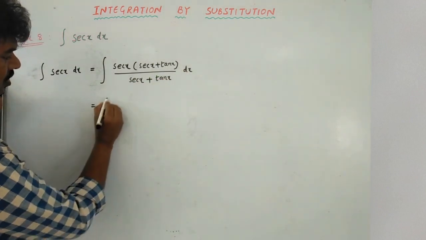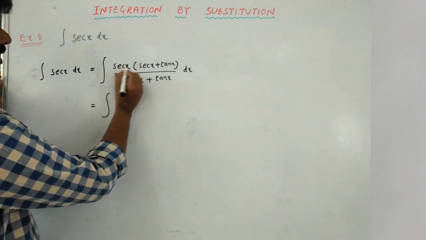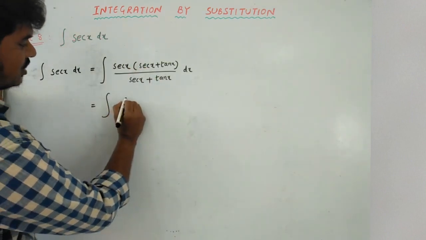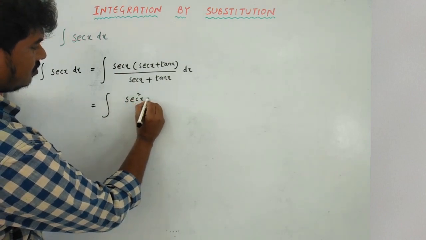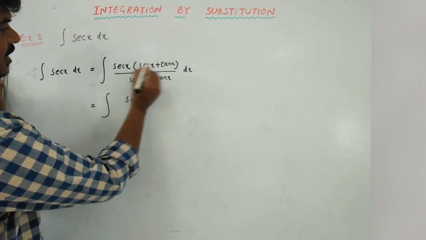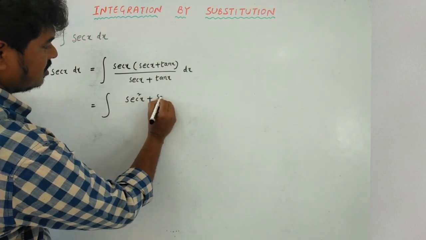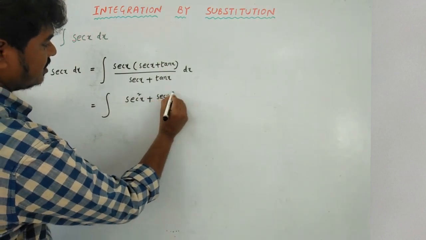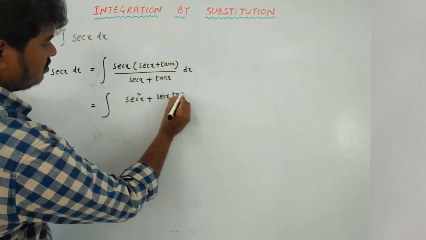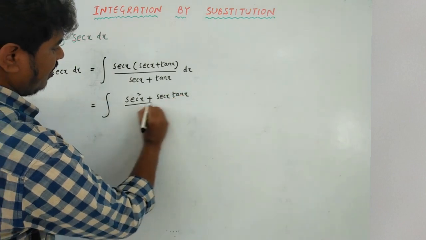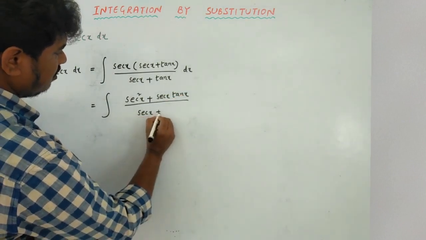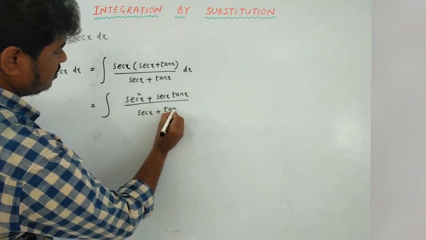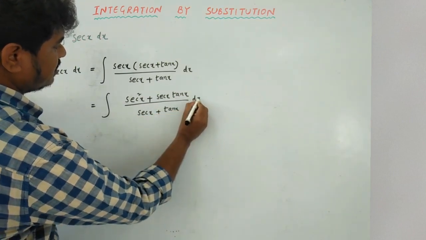Now this is equal to the integral of secant square x plus secant x tan x, divided by secant x plus tan x, dx.